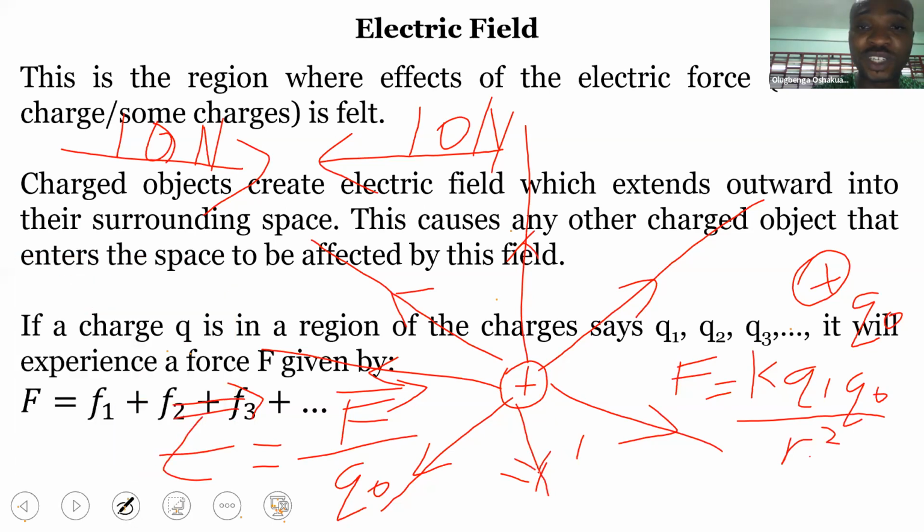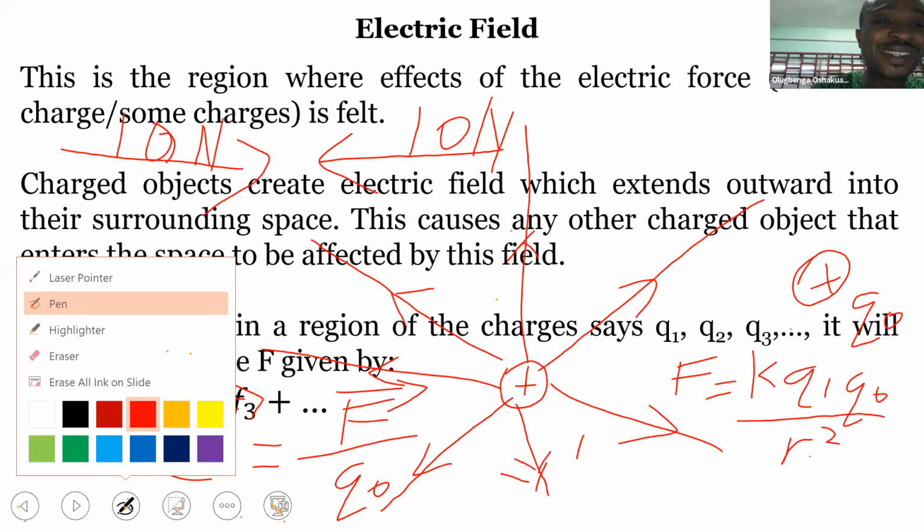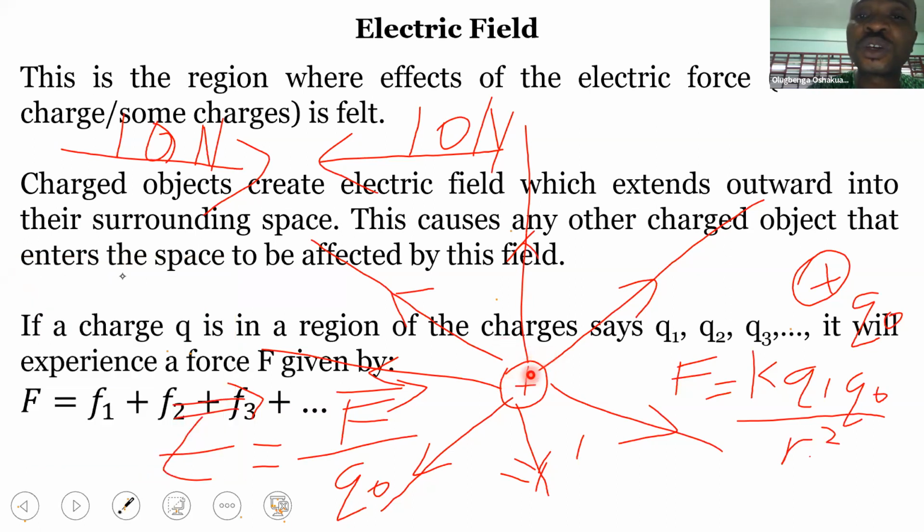If it's a positive charge, the lines radiate outward. The arrows point outwards if it's a positive charge. And if it's a negative charge, the lines point inwards. So that's one of the rules. The lines don't intersect.